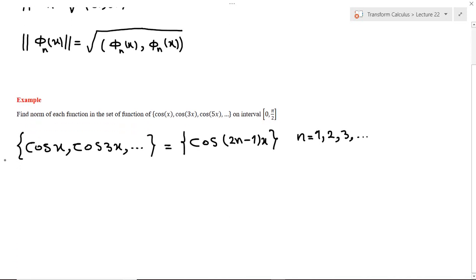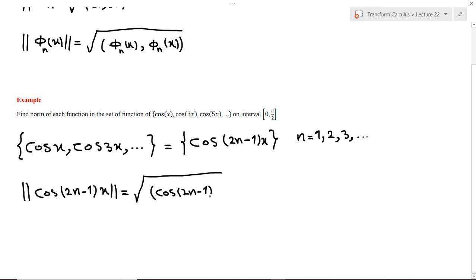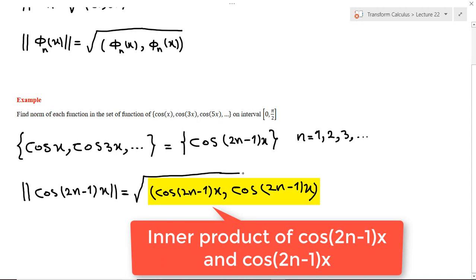So if you want to find it, the norm of cosine 2n minus 1 x based on the definition is equal to the root of the inner product of cosine 2n minus 1 x and cosine 2n minus 1 x. So the norm of this function is the root of the inner product of these two functions.